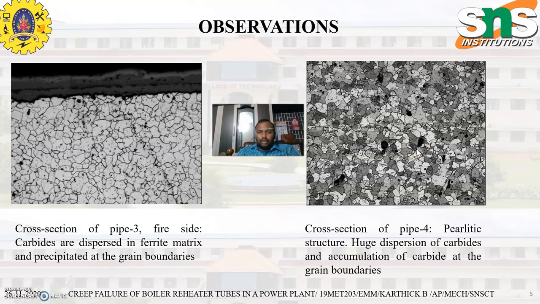These carbides not only help in increasing the strength or hardness, but at the same time they have some disadvantages: they act as stress concentrator areas. Once stress concentration happens in the metal, this stress concentrator will act as an initiation site, a starting site, for the crack to occur.